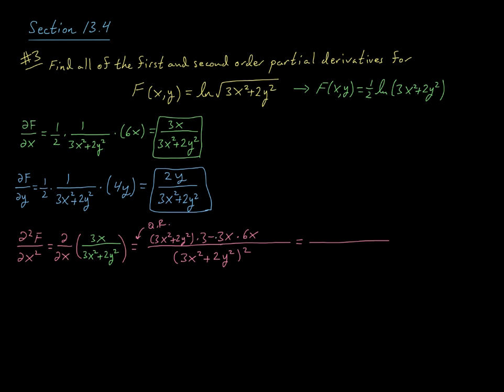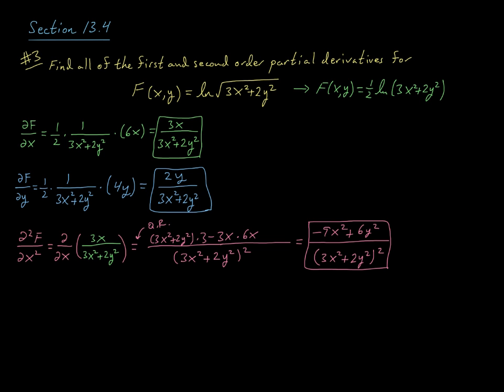So I said 9x squared minus 18, so that'd be minus 9x squared. And then I have this plus 6y squared, and then I'm again dividing by 3x squared plus 2y squared quantity squared. All right, great. So that would be my xx derivative there.